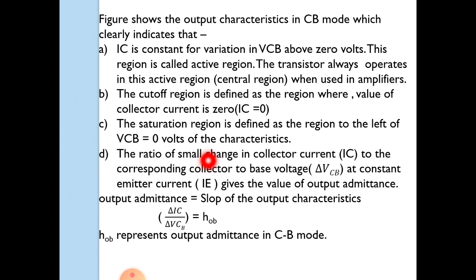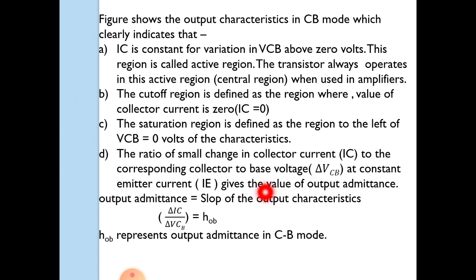The ratio of the small change in collector current to the corresponding collector base voltage, that means the ratio of the small change in the output current to the output voltage at constant emitter current, which is the input current, gives the value of output admittance.